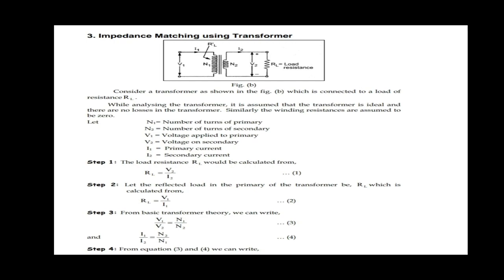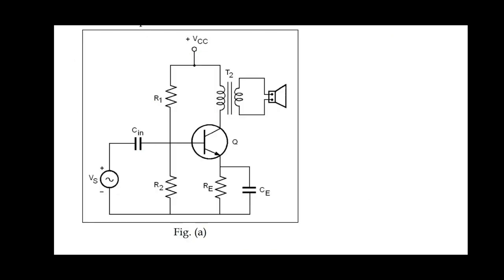The base voltage varies as per the signal voltage Vi or Vs. As a result, the base current will also vary.